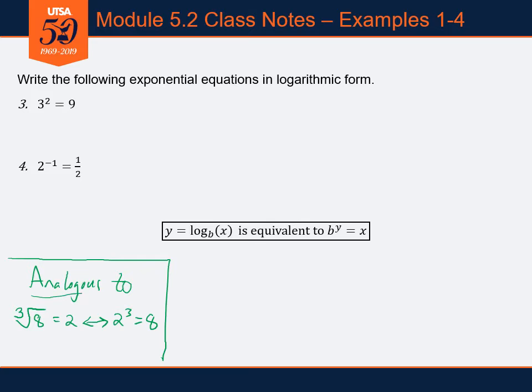I'm saying it's analogous to the relationship between powers and radicals. You know the cube root of 8 equals 2 because 2 cubed equals 8. In a sense, the cube root of 8 equals 2 and 2 cubed equals 8 are saying the same thing. They're two different forms of the same information. If 2 to the third power is 8, that's really the same thing as saying the cube root of 8 is 2.